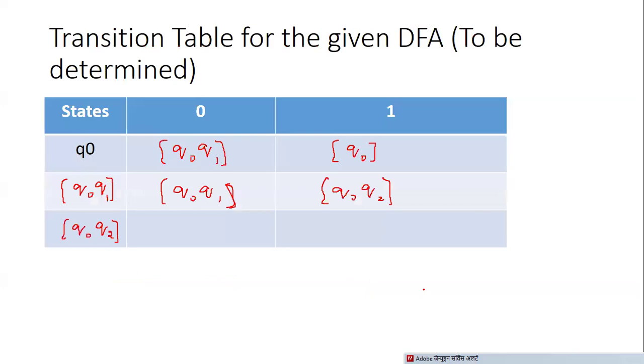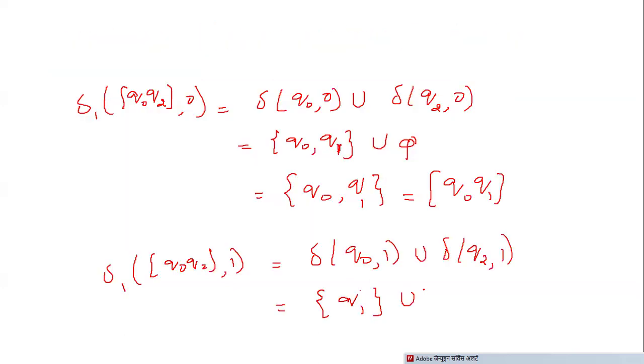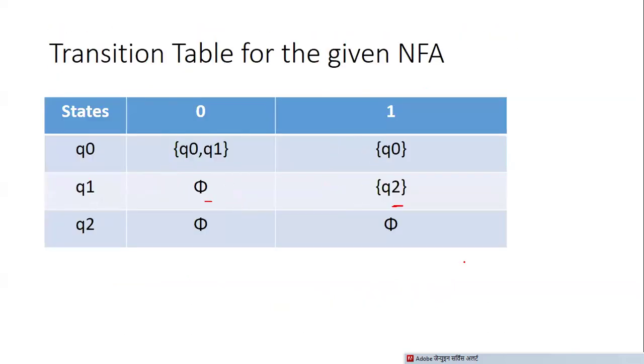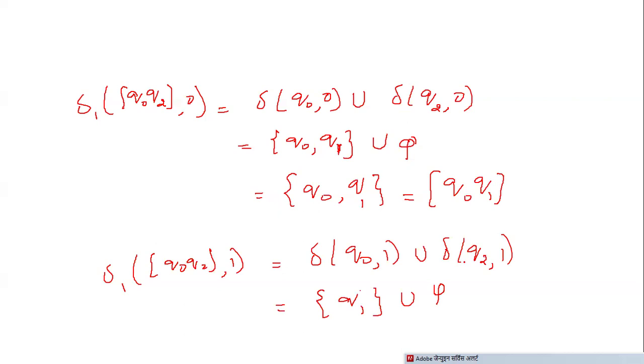Union Q2, 1. Q2, 1 is phi, right? So Q0, 1 is Q0, which is equal to Q0. So it can be represented as Q0, right? So let us fill the table.